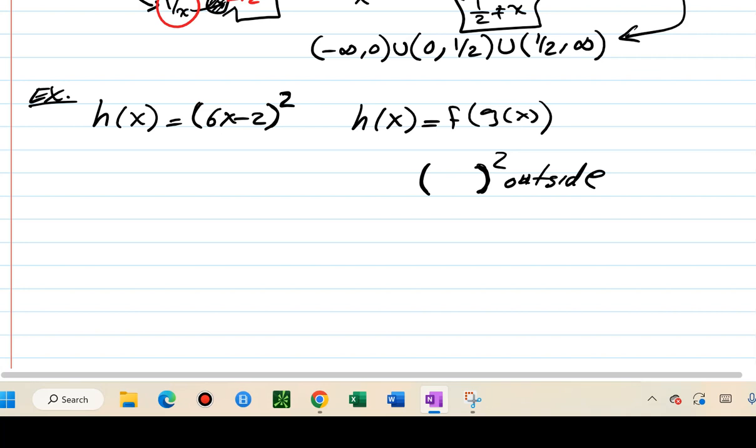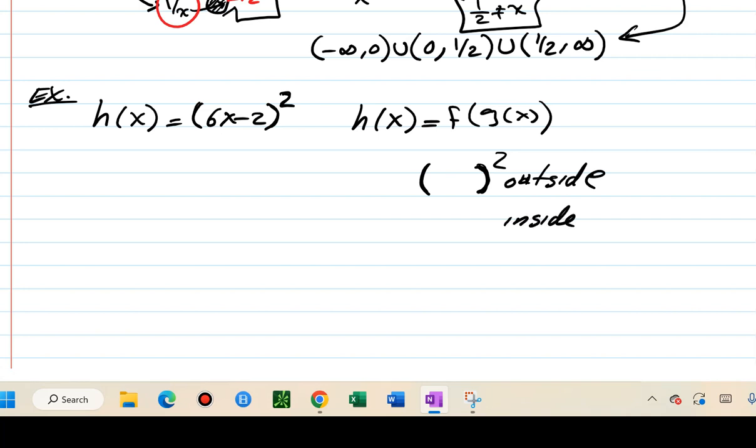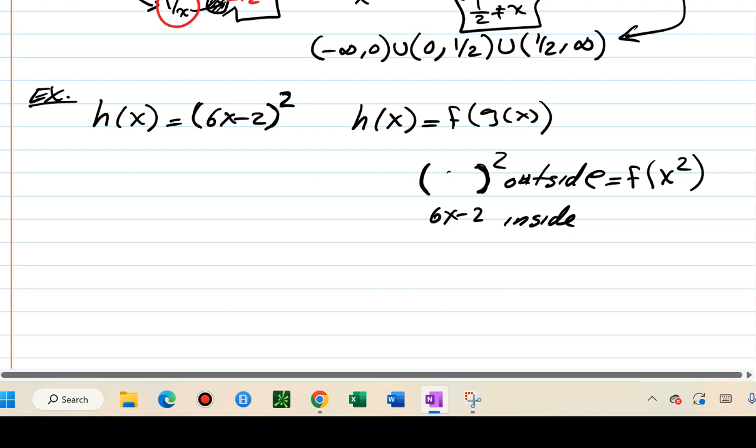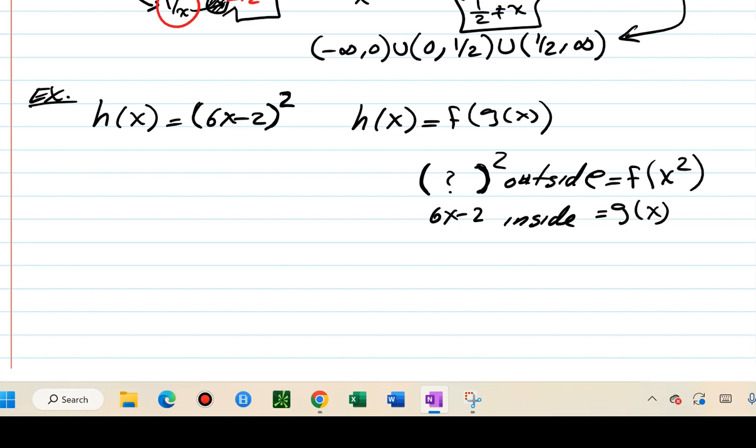And what will the inside function be? Well, inside is clearly like 6x minus 2, right? So whatever that is, 6x minus 2. So my outside function, therefore, I'm going to go f of x equals x squared. You see that? The basic function, regardless of what's inside. And I'm going to let my inside function be g of x, what you're seeing, 6x minus 2.